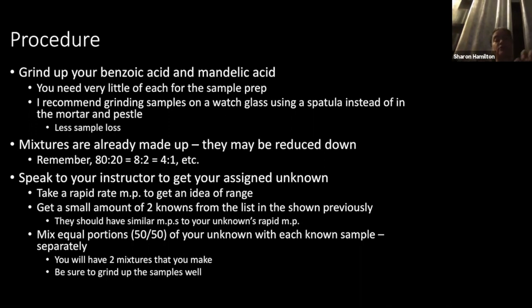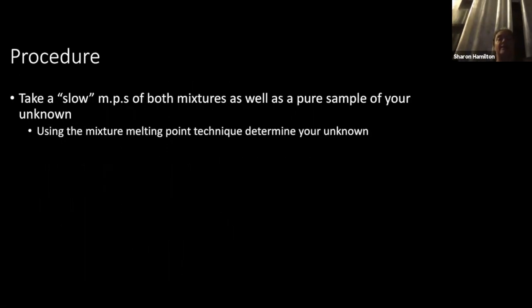That means you're going to have 2 mixtures, one being 50-50 your unknown and one of your potential unknowns, and another one 50-50 with your unknown and your second potential identification of your unknown. Again, make sure to grind up the samples pretty well prior to packing.